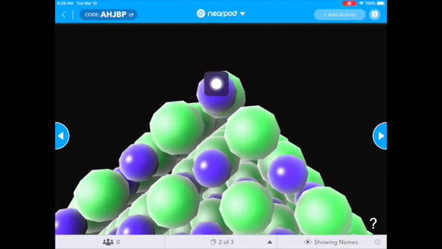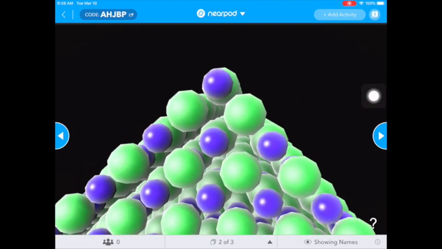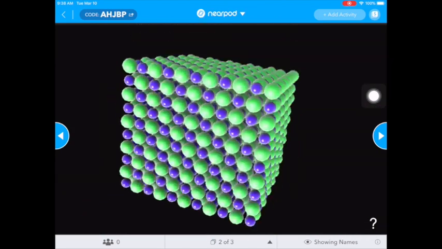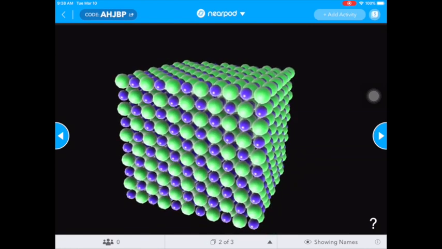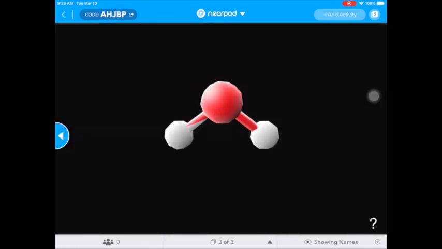You're going to find them bound to all kinds of other sodiums and chlorines. That's because they are charged, right? So if this one's negative, he's going to bind to all of these other positive sodiums, and all the positive sodiums are going to bind to all kinds of negative chlorines until they form a huge structure like this.